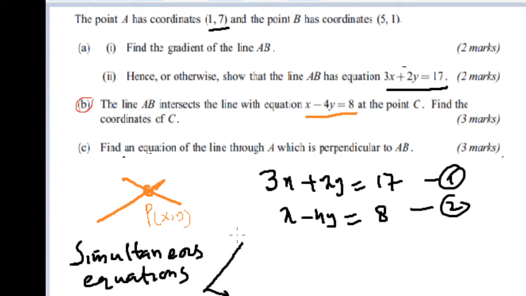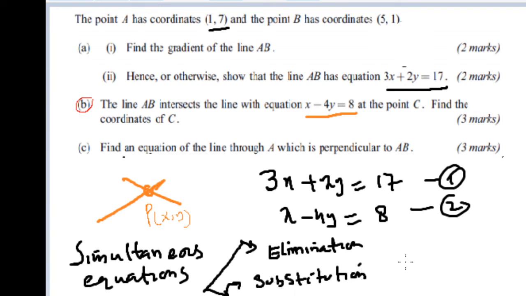One was elimination. The other one was substitution. The one which you like, you can use that method. That's up to you. I'm using substitution here, because this one is easy for me here.